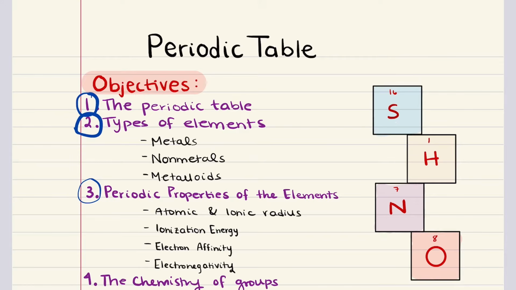We're going to define each of these terms and go over their periodic table trends. Then last, we're going to move into a discussion on the chemistry of groups. We're going to go over alkali metals, alkaline earth metals, transition metals, chalcogens, halogens, noble gases, and even lanthanides and actinides.